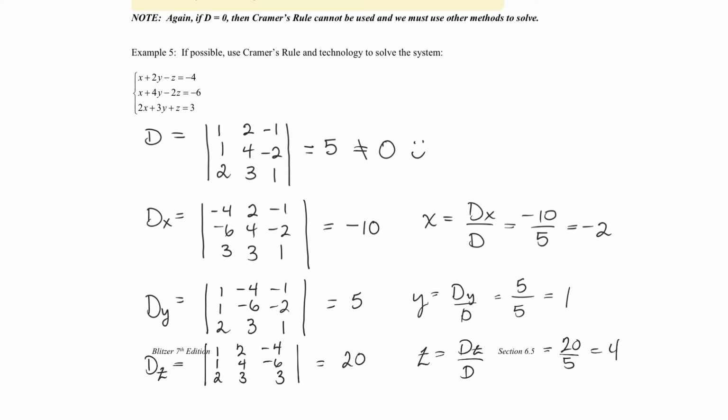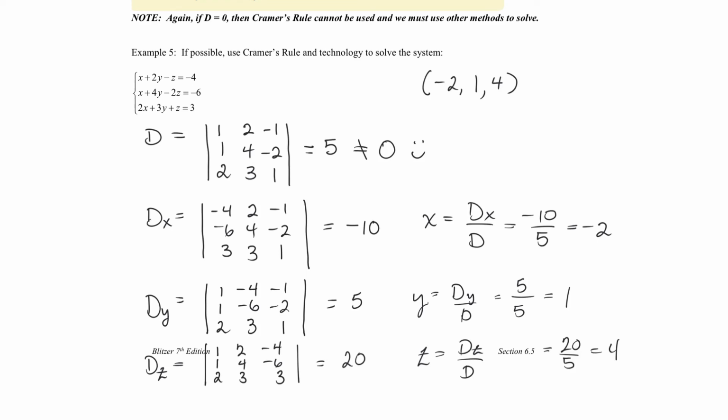Okay, so the ordered triple solution to this system is x, negative 2, y, 1, z, 4. And if I wanted to check to make sure I had found a valid solution, I could plug that back in to each of those 3 equations in turn and verify that it in fact does satisfy them all.